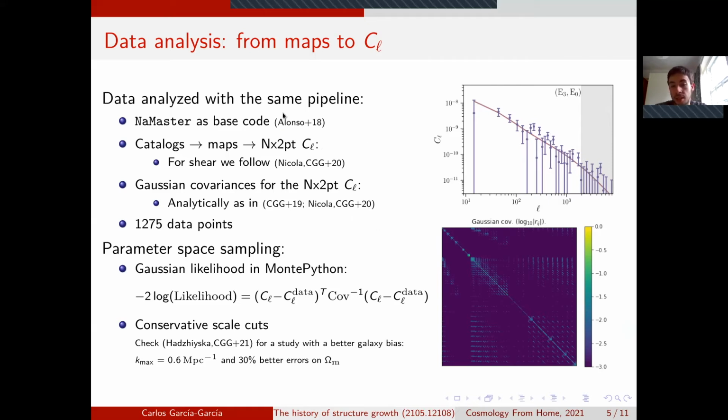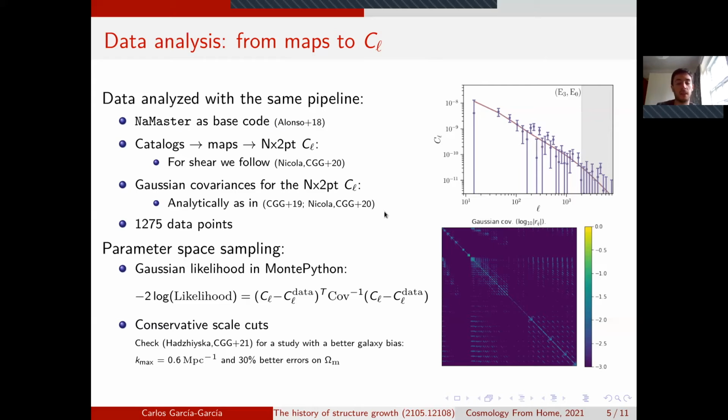Once we have the Cls, we can compute the covariance between the different power spectra. And this covariance is computed with NaMaster, and analytically, using the approximation that was introduced first in this paper, and then improved by Andrina Nicola in a follow-up paper, where she improved this approximation for the case of shear, which is much more complicated because of the way you weight each of the pixels.